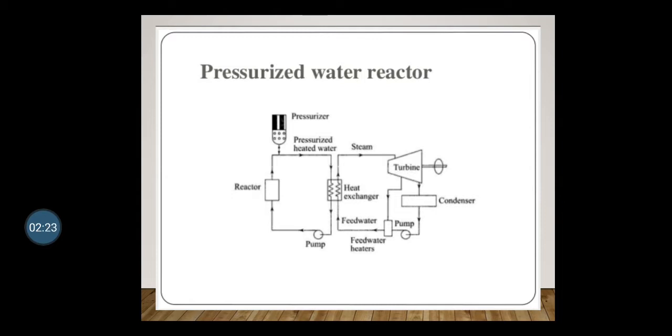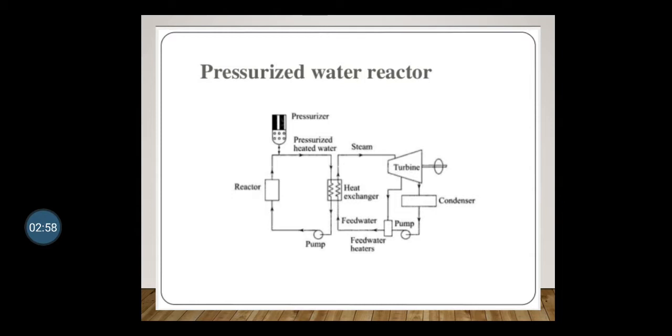Now, as shown in the figure, water enters from the reactor, and that water is pressurized in the pressurizer but does not boil, and is sent to the heat exchanger. In the heat exchanger it exchanges the heat, and the remaining water is sent through the pump to the reactor.